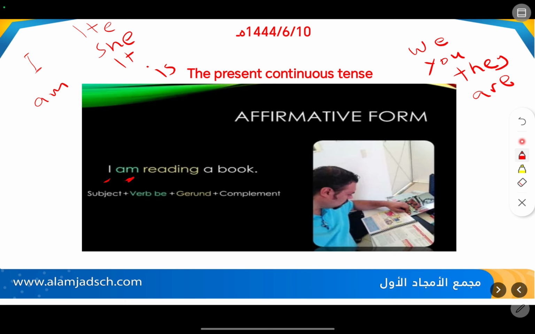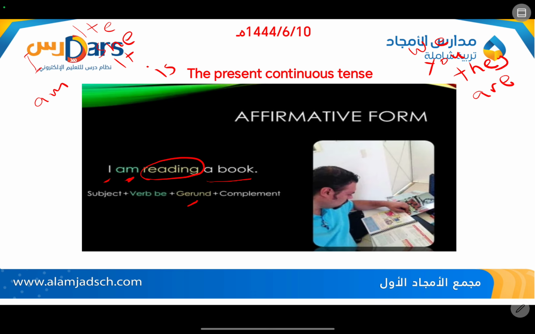I am plus gerund, this is reading, and after that complete the sentence. I am reading a book. This is present progressive tense or present continuous tense. Okay, let's move to the next page.